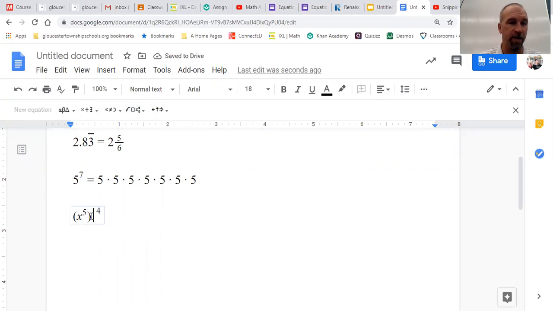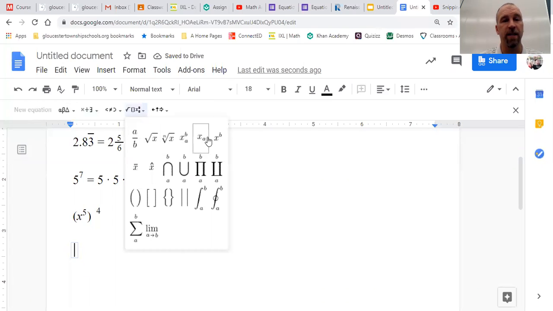Notice this gap in here. This gap is the space where that base number would have been for the 4th power. I don't like that. So watch, I'm going to make a new equation. And instead of doing it that way, instead of starting in parentheses, I'm going to start by saying, I know I need a power.